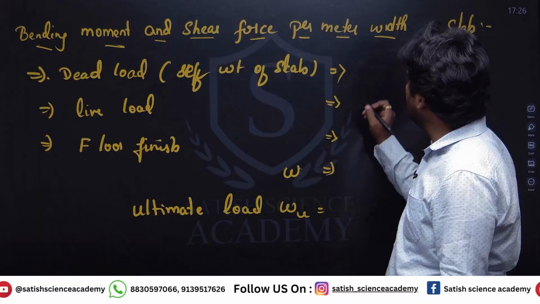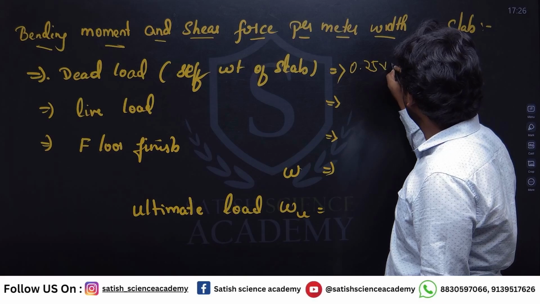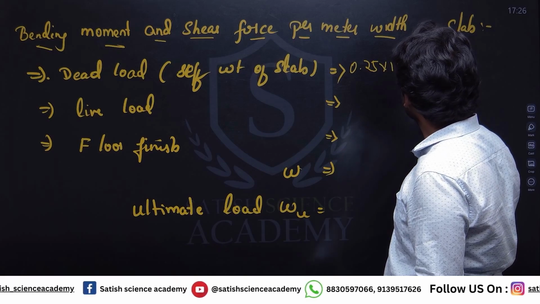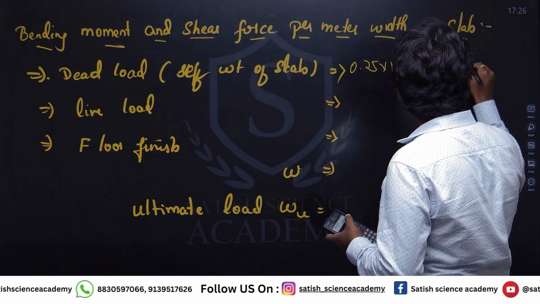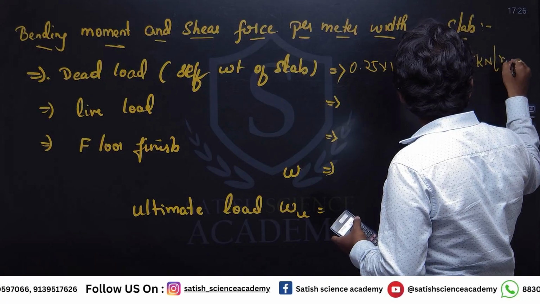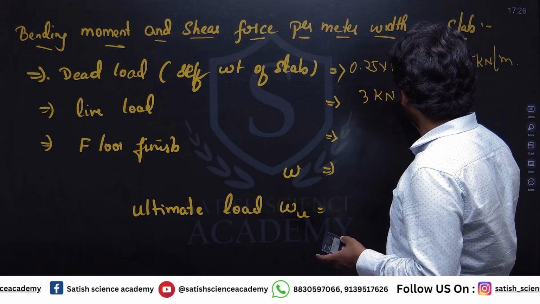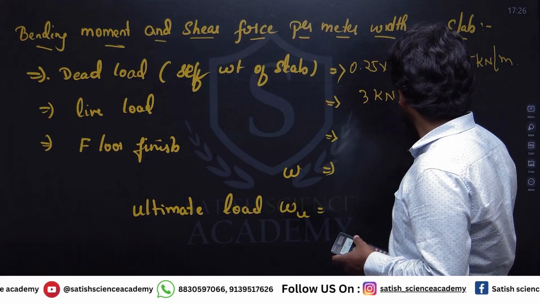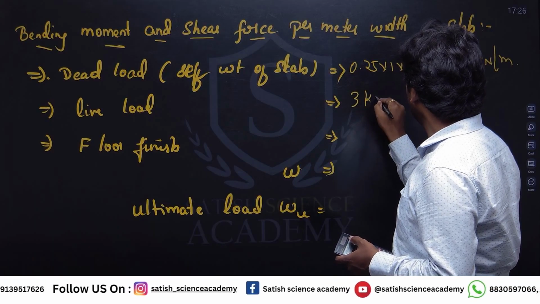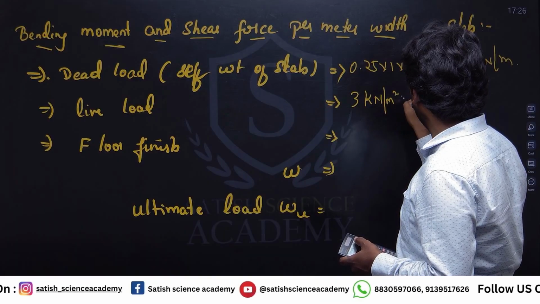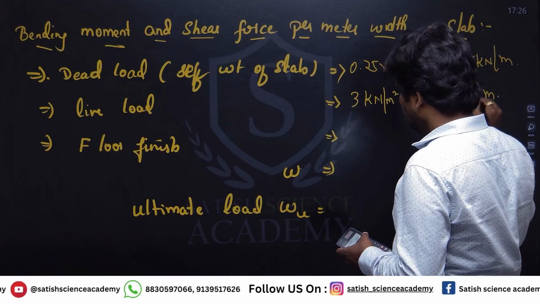So dead load of the slab is 0.25 into 1 into 25. So ये value is 6.25 kilonewton per meter. So live load is again 3 kilonewton per meter. Floor finish, we'll write it like this, 3 kilonewton per meter square into 1, that is 3 kilonewton per meter.